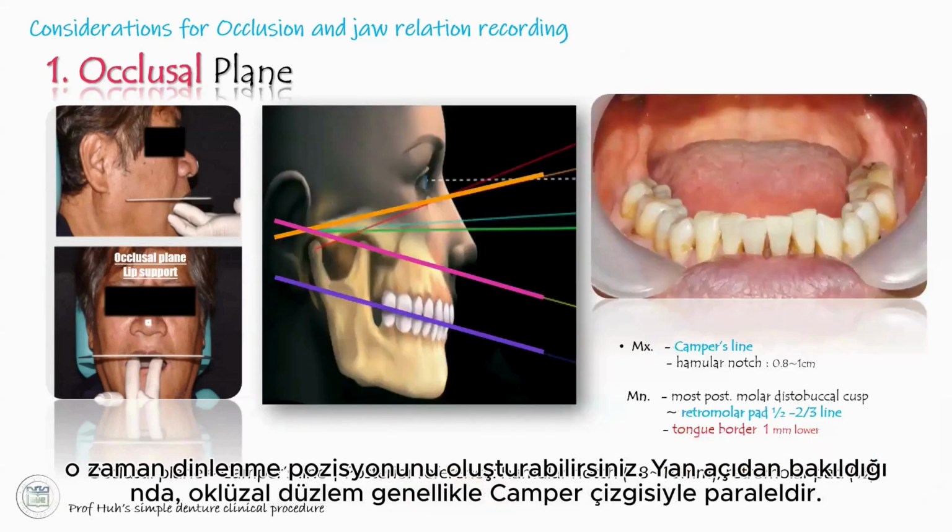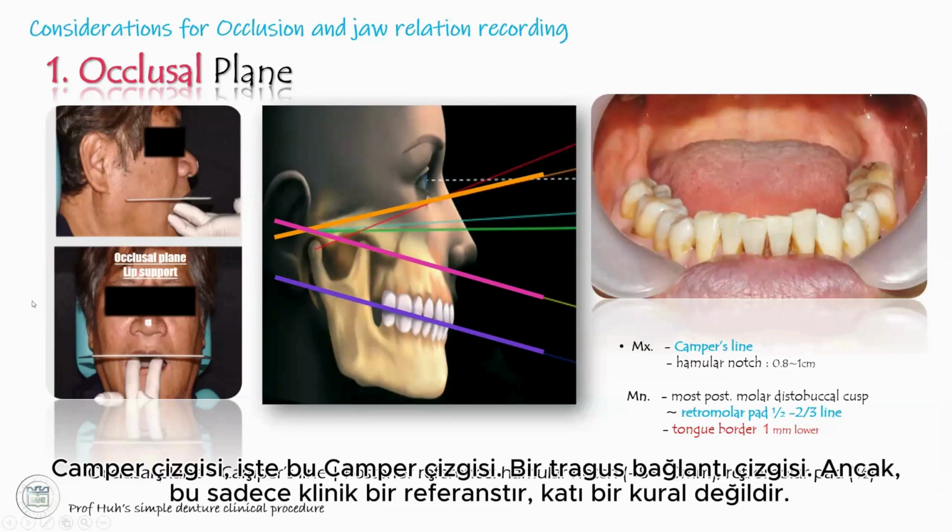When viewed from the lateral aspect, the occlusal plane is generally parallel to the Camper's line. This is Camper's line, the ala-tragus connecting line.